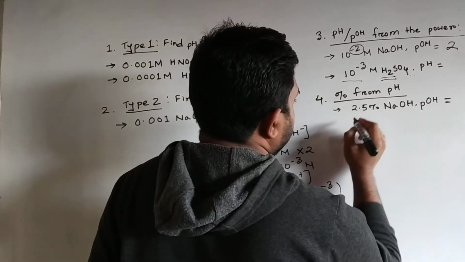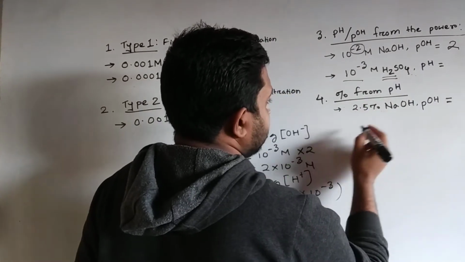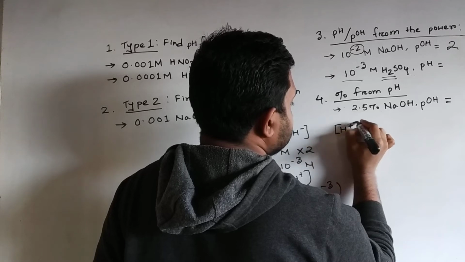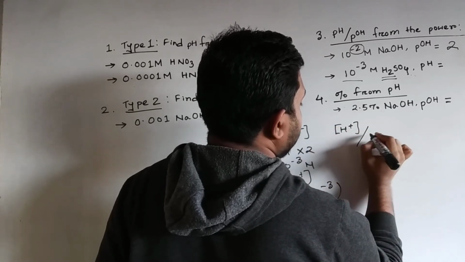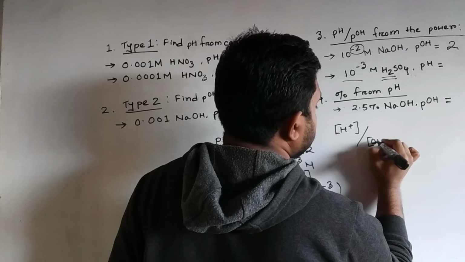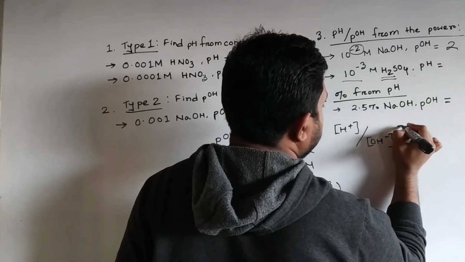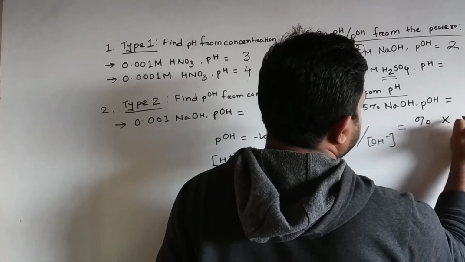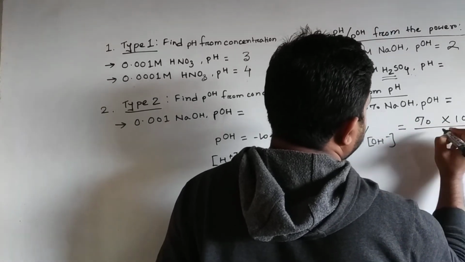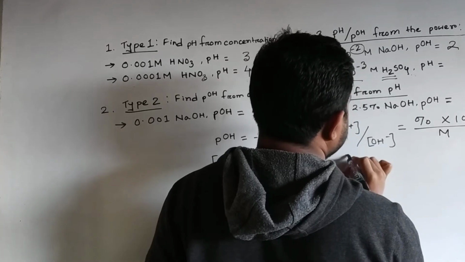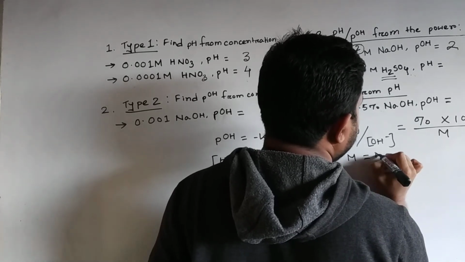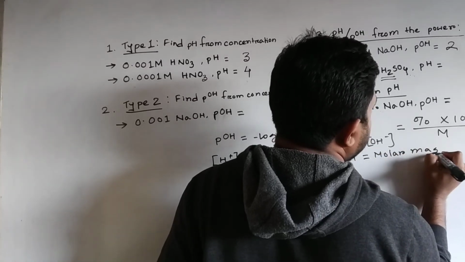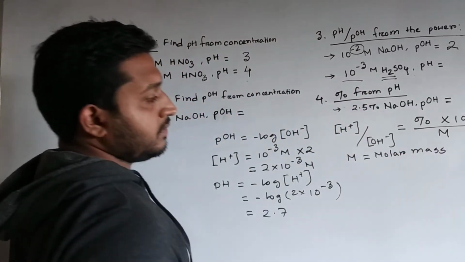Here the formula for the percentage, if it is for molar hydrogen ion or molar hydroxyl ion, is percentage multiplied by 10 divided by molar mass. Here M indicates the molar mass of the solution.